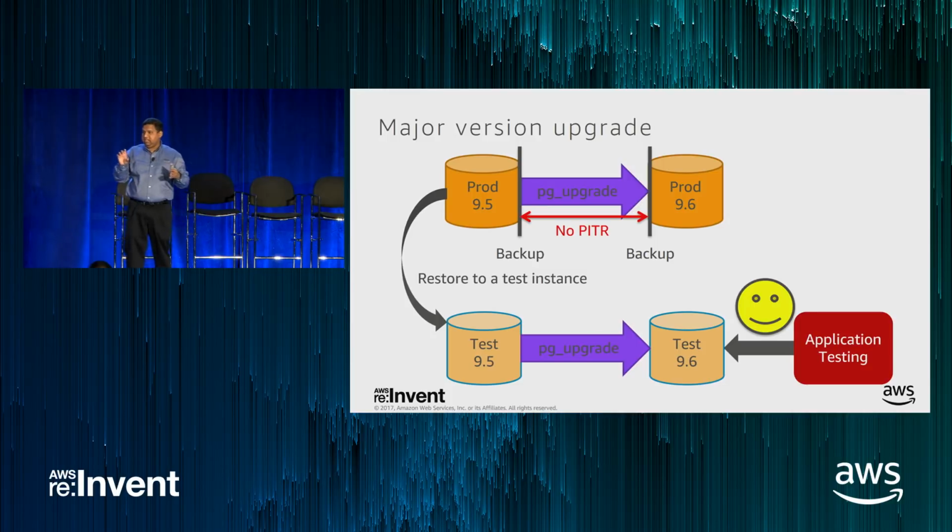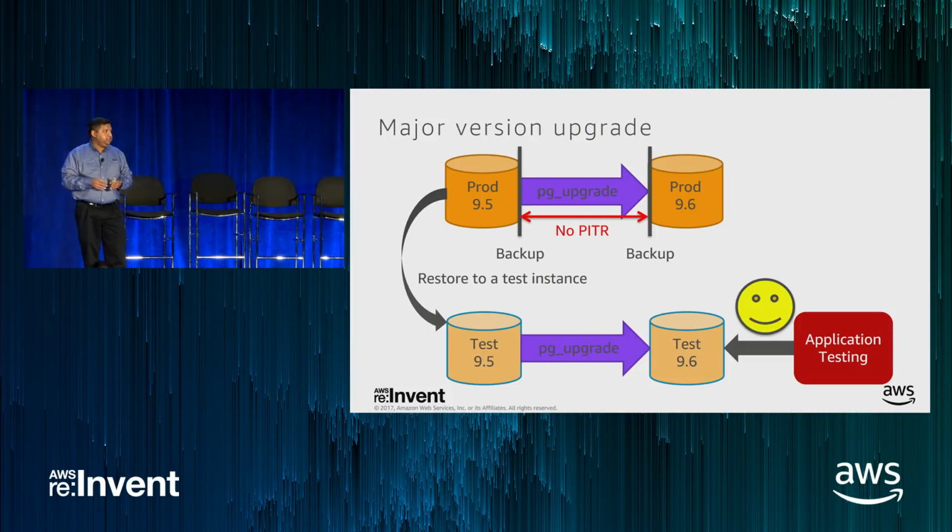Because there is a chance that it may fail, what we typically recommend is, before doing a major version upgrade on your instance, you take a snapshot, restore that, and run the PG major version upgrade on that test instance. And not only test the upgrade scenario, you should also test your application because your applications may behave differently with major version changes.